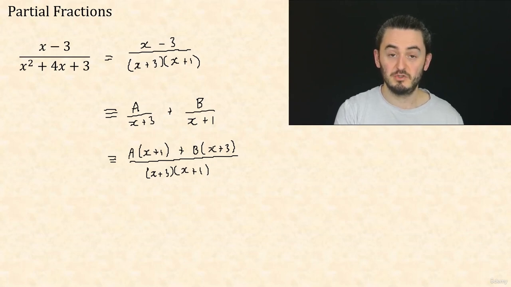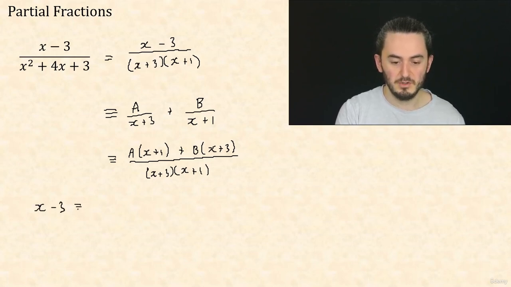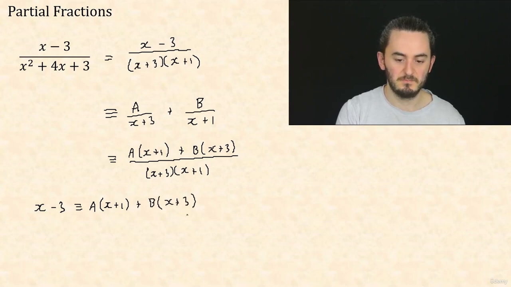And then we focus just on the numerator. On the left-hand side, that's in our original term, I had x minus 3. And the numerator on my partial fraction side is a x plus 1 plus b x plus 3.